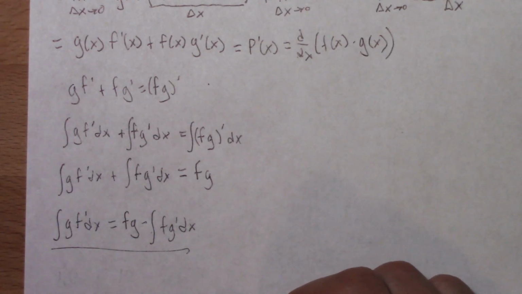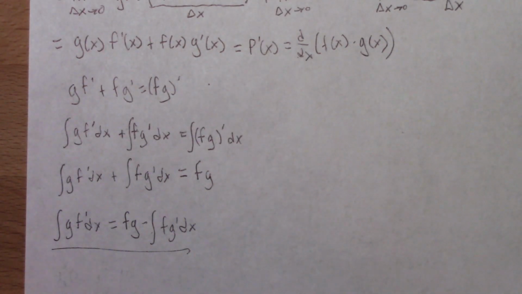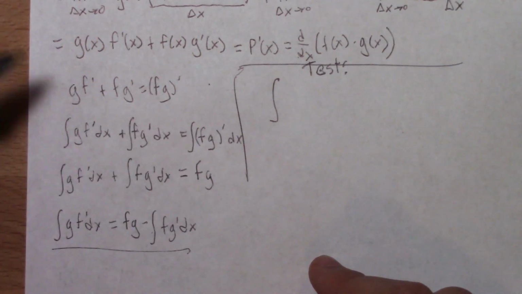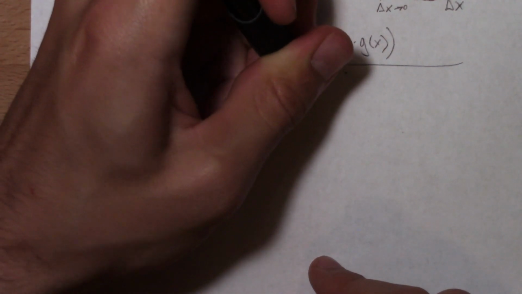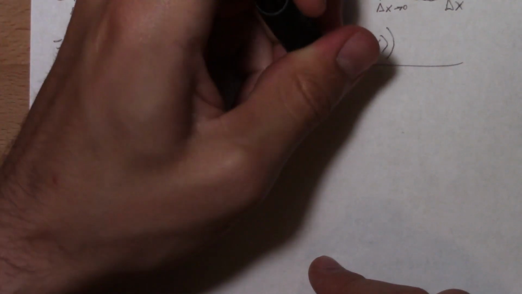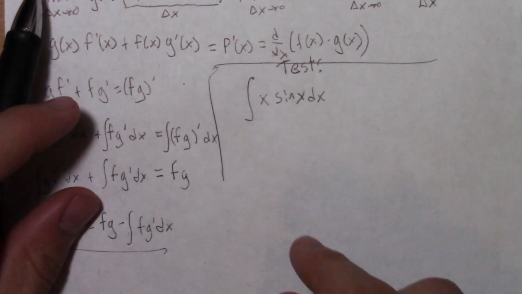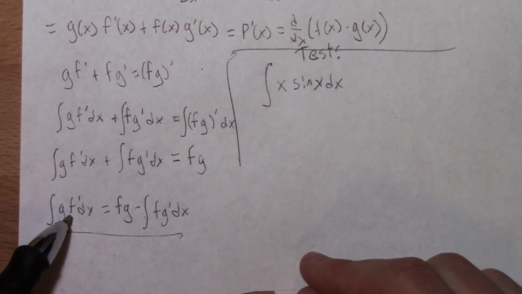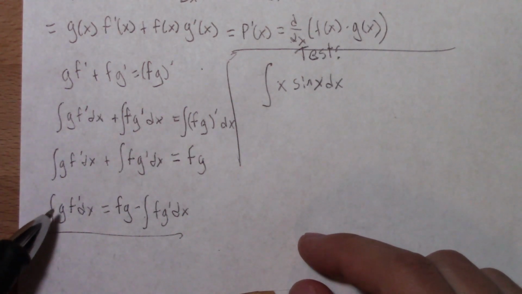Let's check this answer by using integration by parts on an expression and then using the product rule to reverse it and see if we end up with the same starting expression. What is the integral of x sine x dx? It says the integral of g and the derivative of f, so let's choose a g and f appropriately.